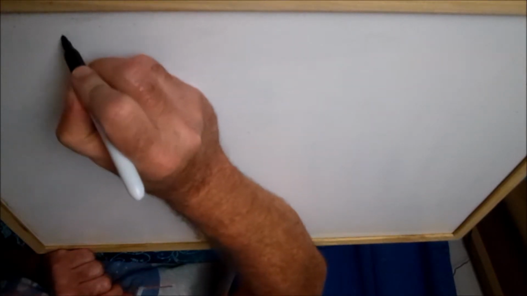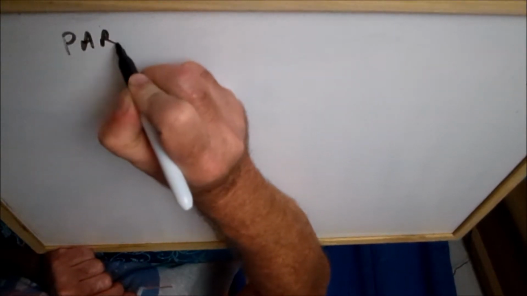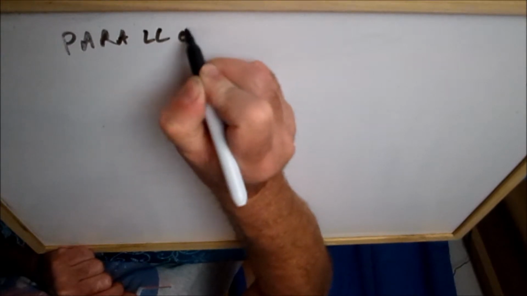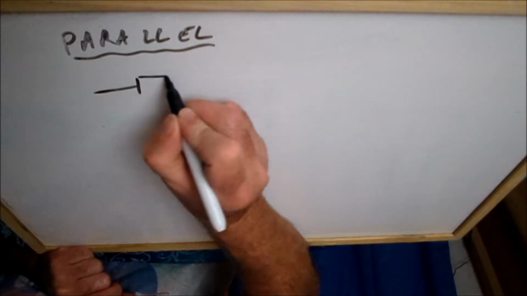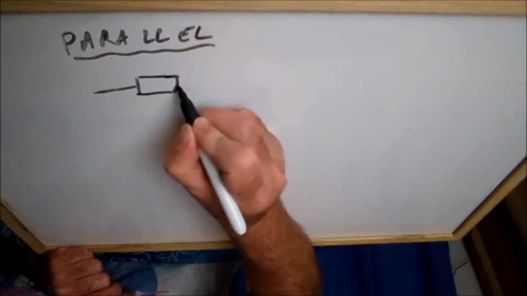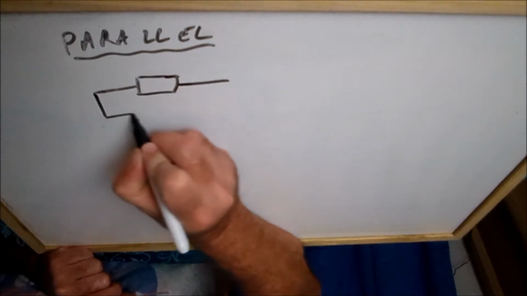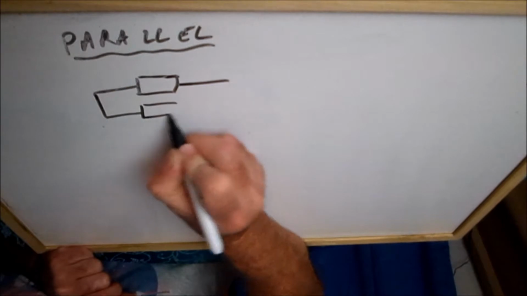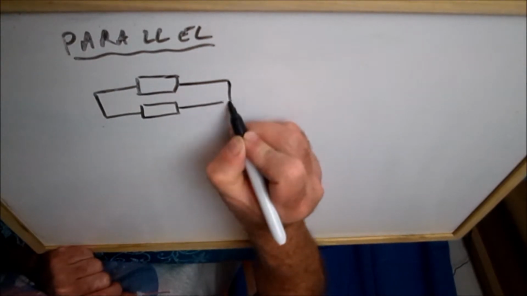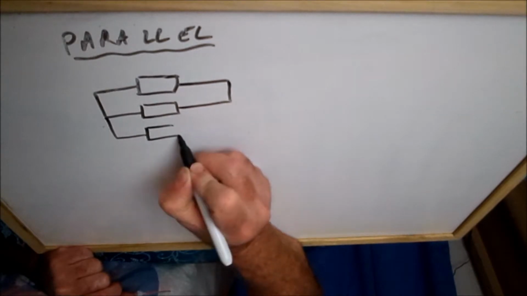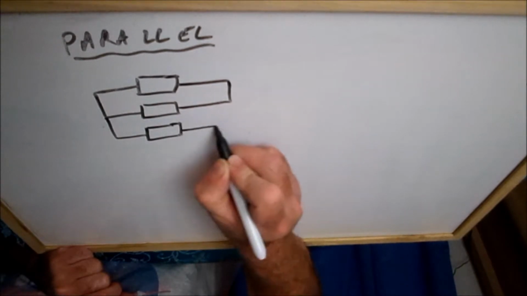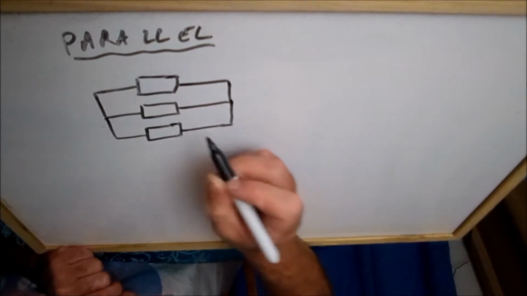The second method of connecting resistors is the parallel connection. And the way we do this is if we have these resistors, and we connect them like this. Well, that's a parallel connection.